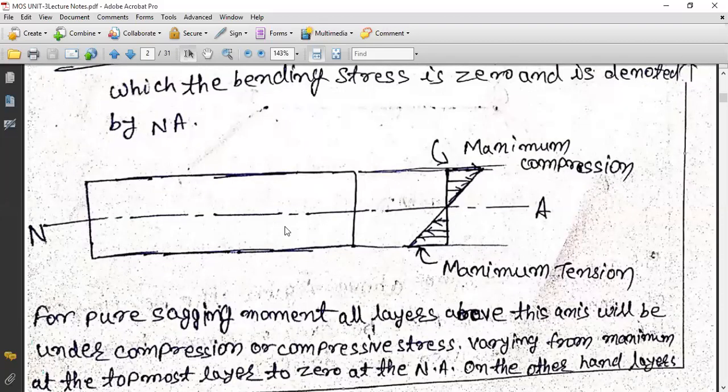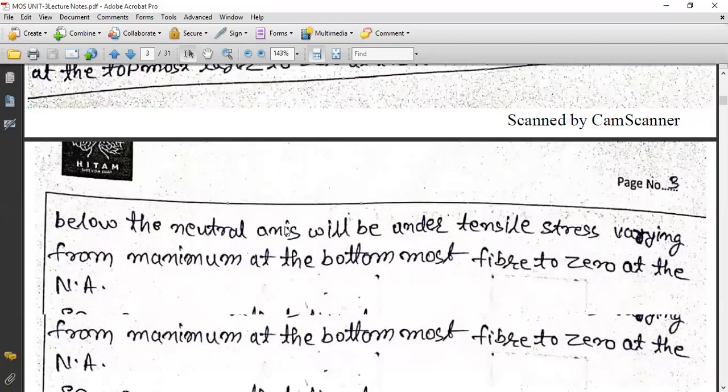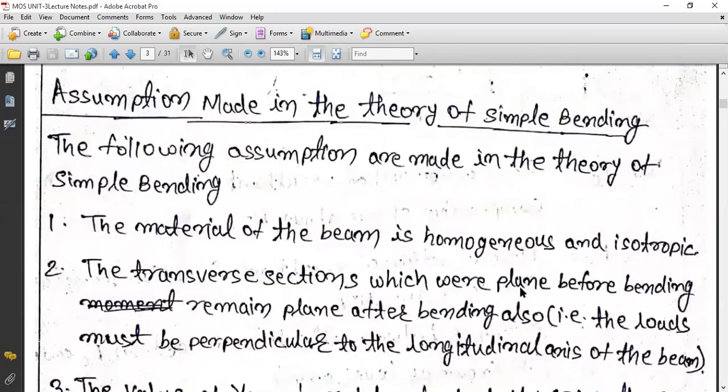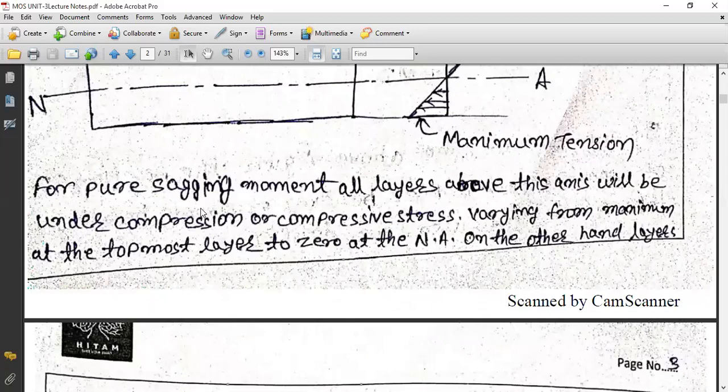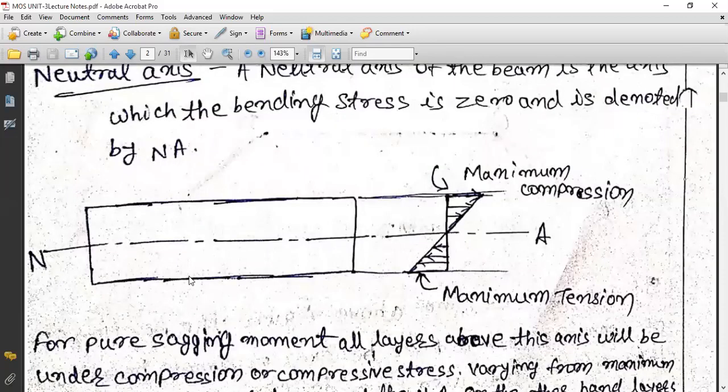The load must be perpendicular to the longitudinal axis of the beam. So which section is called the transverse section? These are the transverse sections. This is the transverse section. You can see, I am showing you.